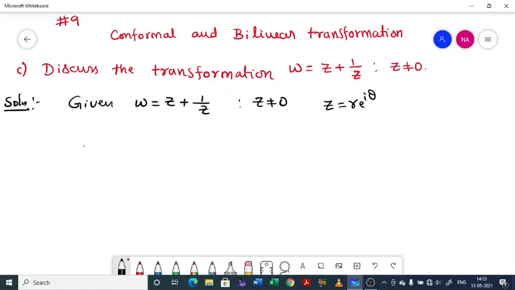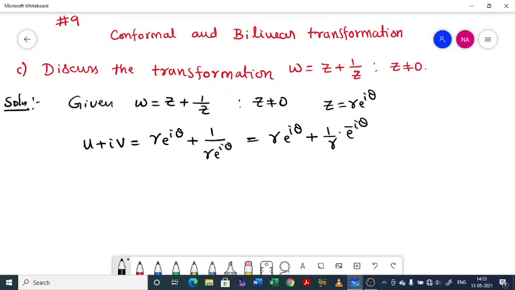Then W, which we can write as U plus iV, equals R e power i theta plus 1 by R e power i theta, which is R e power i theta plus 1 by R into e power minus i theta.